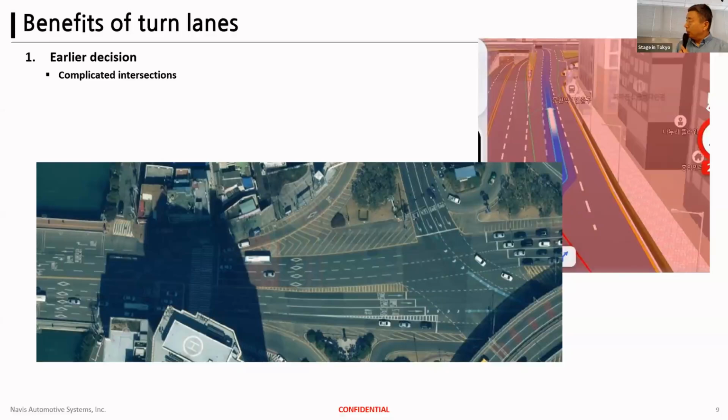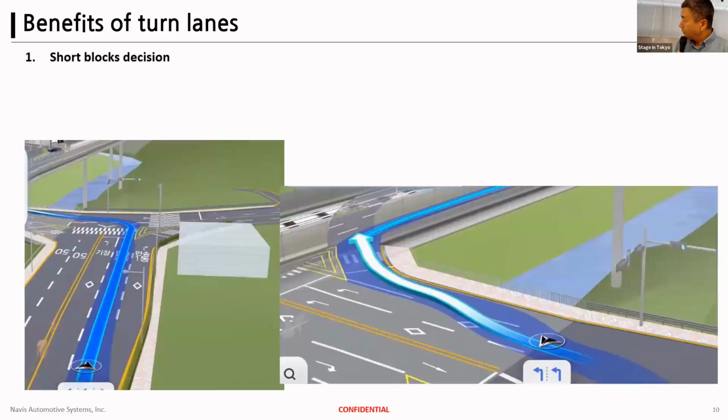So before entering the intersection or decision point, we want to give guidance to the user. This is just another example. In here, the user can follow the second route, and then go to the next exit, not further directed.